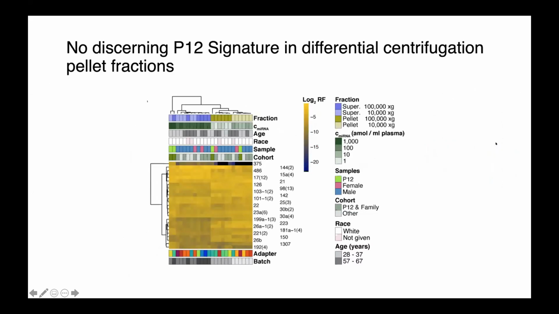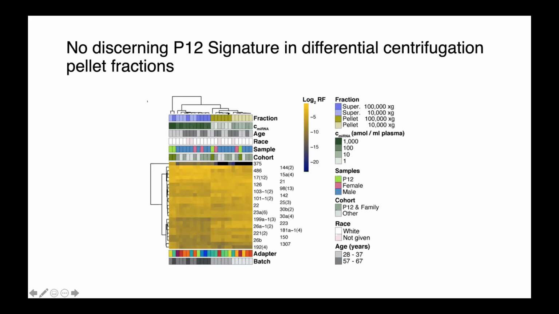Now we ask the question whether the origin of this signature is actually based on the vesicle contribution of this individual or the supernatant, and fractionated samples we obtained from this family as well as him. And the analysis shows that it's clearly based on the supernatant fractions, which are distinctive from all the rest.